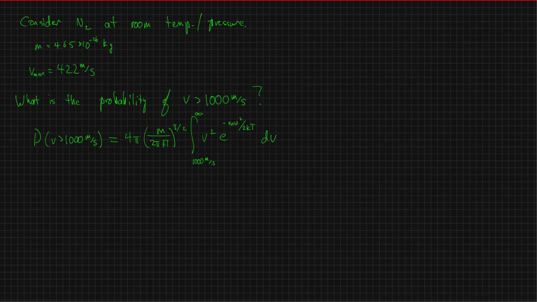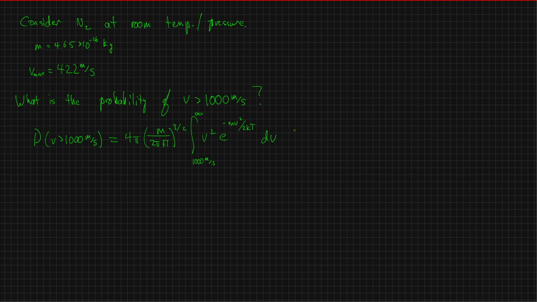Now that we're considering these definite bounds, this can't be integrated analytically. We can't get a nice clean expression in terms of basic functions on the right-hand side. So you have to throw it into a numerical integrator. I'd recommend Python or Mathematica or MATLAB or whatever your favorite language is.